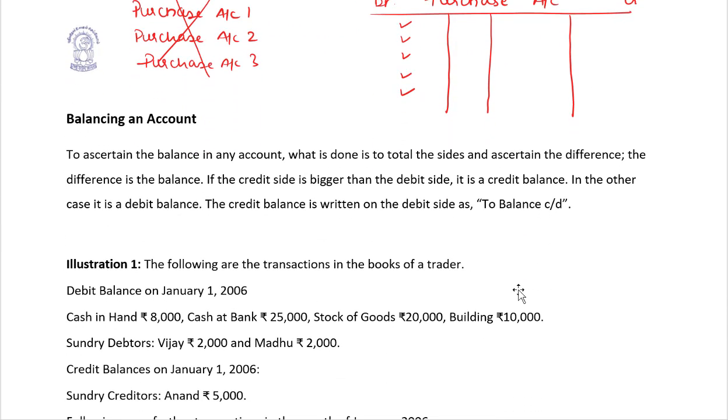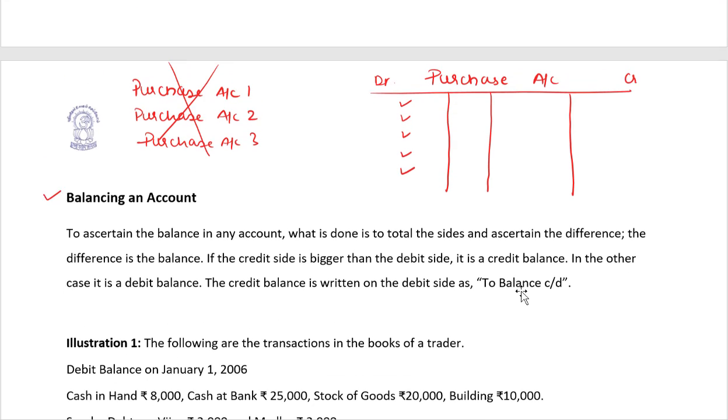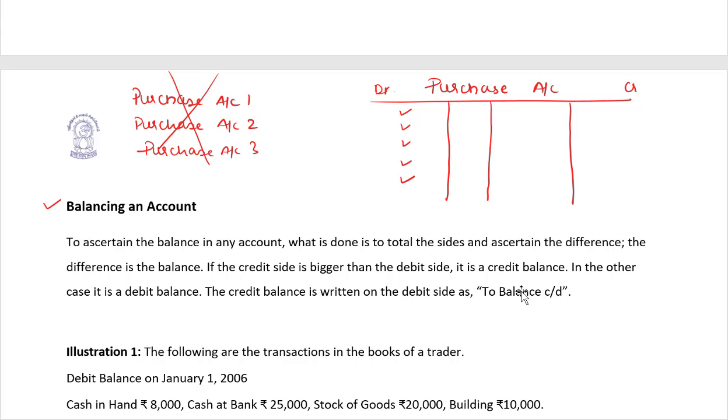Let's learn how we are going to balance an account. This is going to be very interesting. To ascertain the balance of an account, what needs to be done? Supposing I want to balance this purchase account. I'll write some hypothetical figures over here: 1000, 1000, 3000 on the debit side. Then on the credit side, I had written 2000 and 1000, students.